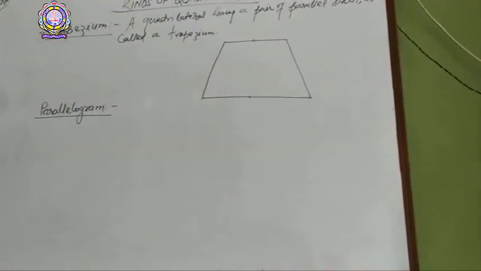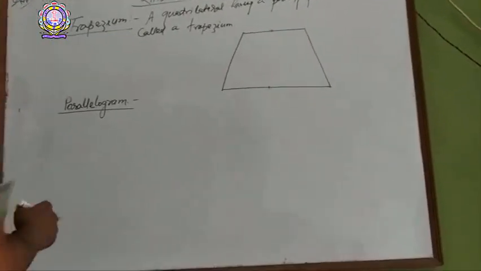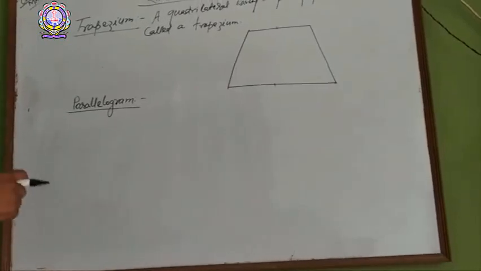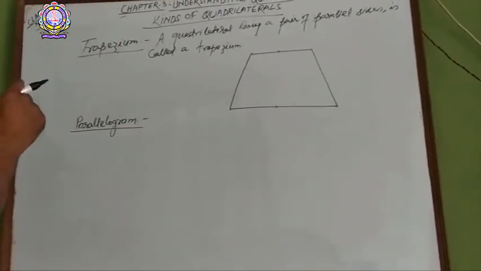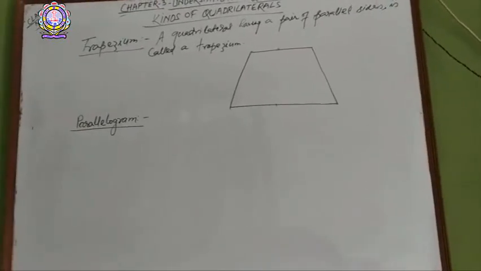Okay students, now we will discuss parallelogram. What is the shape of a parallelogram? What are the properties of a parallelogram? First of all, we discuss the definition of a parallelogram.